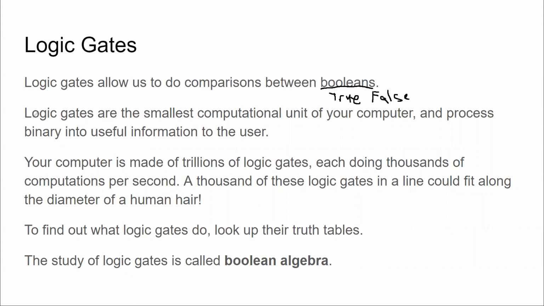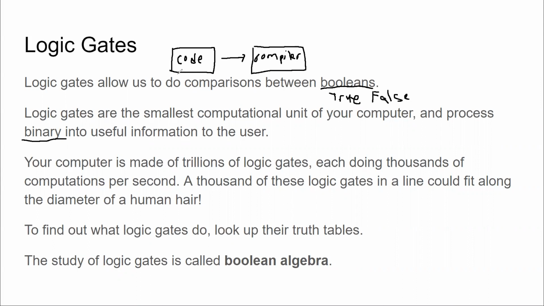So let's continue. Logic gates are the smallest computational unit of your computer and process binary into useful information to the user. The reason why Booleans are important is because unlike humans, computers can read zeros and ones. So here's your code, and we have this thing called the compiler that processes the code.